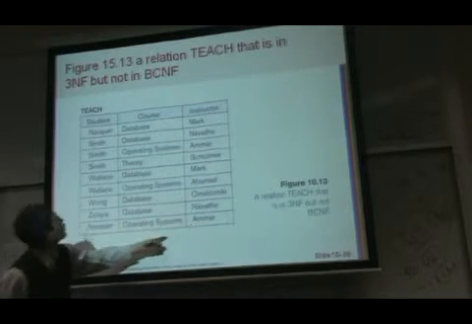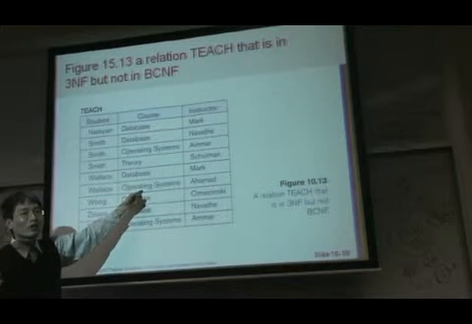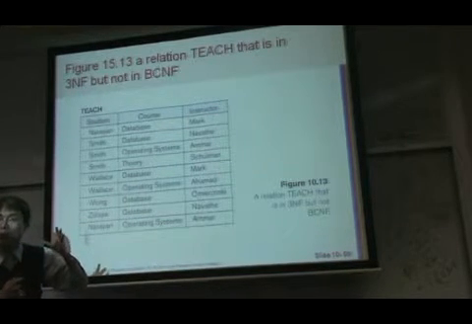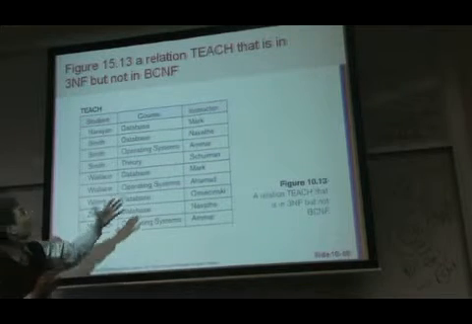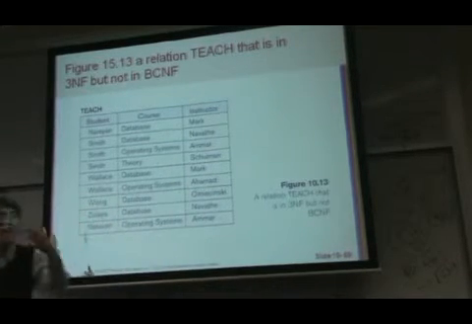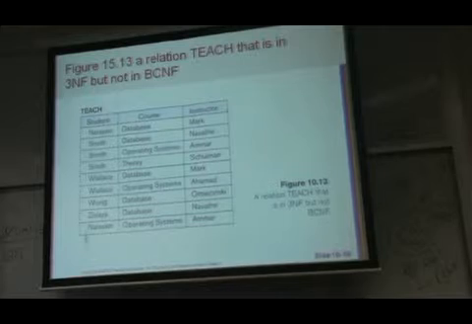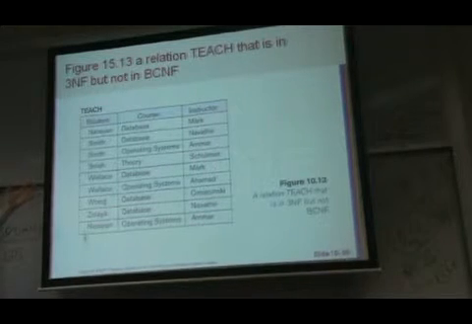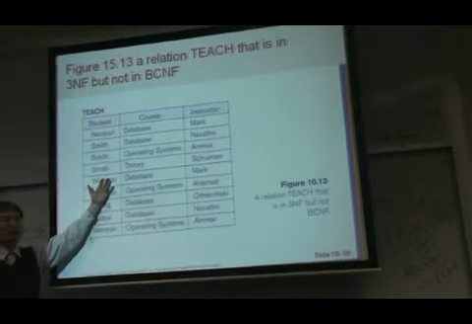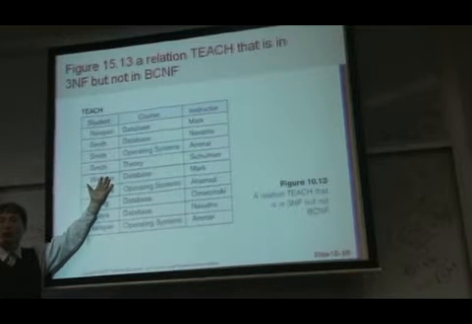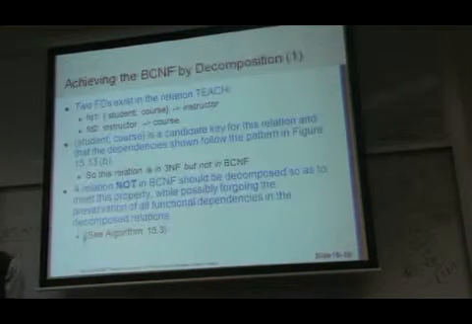And instructor actually teach course. So it looks like transitive, but actually it's not transitive because instructor and course are almost the same. Okay? So in this case, this is not in BCNF, but it's in the third normal form. So we need to address that problem.